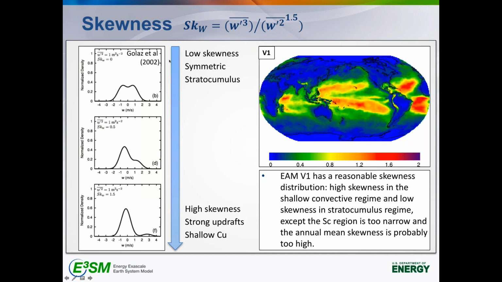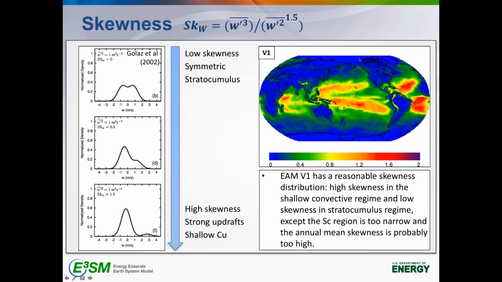When you go from top to bottom, the skewness increases, and vertical velocity changes from symmetric to asymmetric, and you allow more strong updrafts. That means in the low skewness regime you are in the stratocumulus regime, and in the high skewness regime you allow more strong updrafts, and that's a shallow cumulus regime.